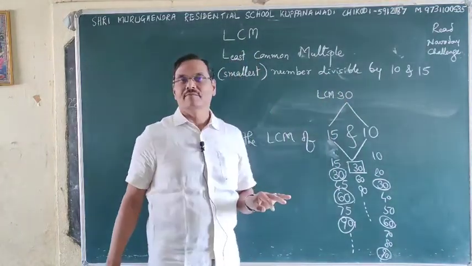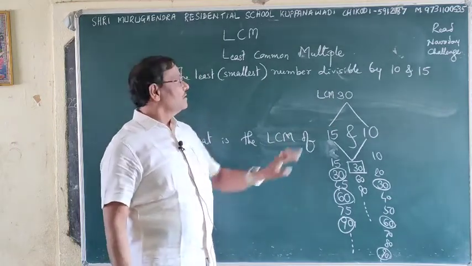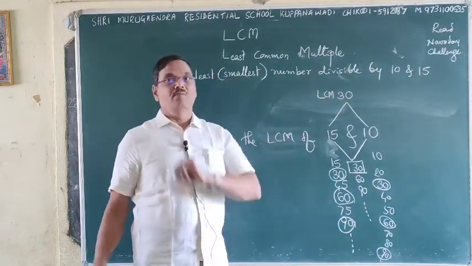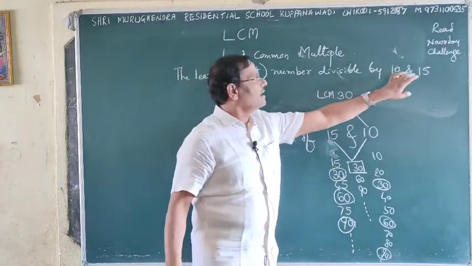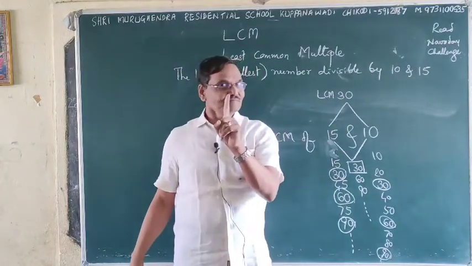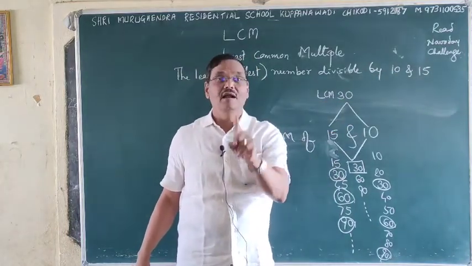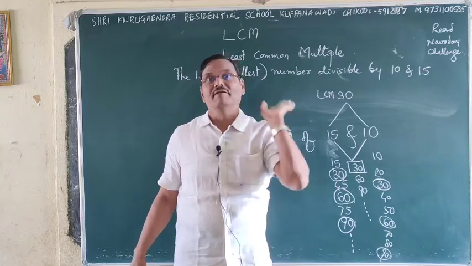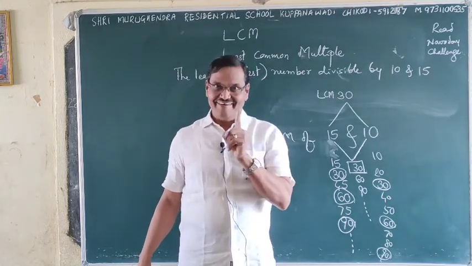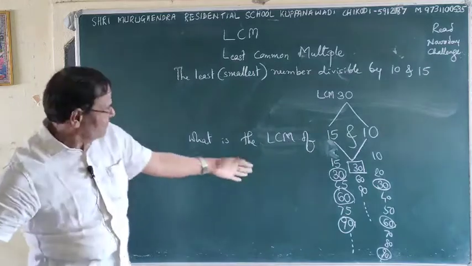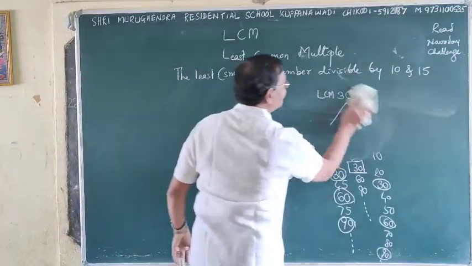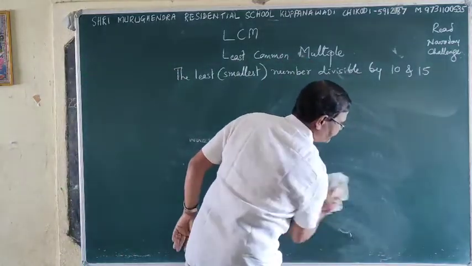30 is the LCM. What does it mean? 30 is the least number divisible by 10 and 15. Okay? And what is this method called?